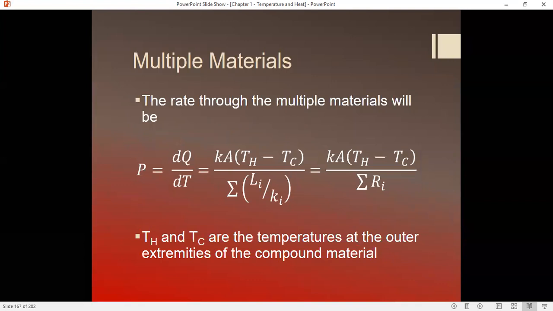And again, if you have multiple materials, you can just add the R values together, okay, to get the total effective R value. Maybe you have the R value of the sheathing, plus the R value of the insulation, plus the R value of the sheetrock, okay? Each individual layer is going to add to this and reduce the amount of power that we lose, because power is inversely proportional to the R value.